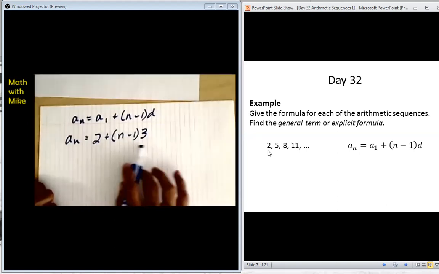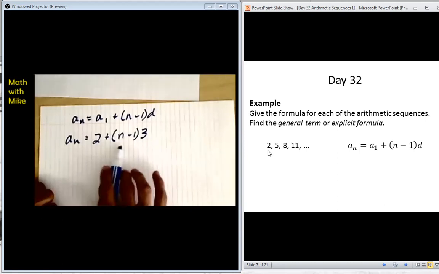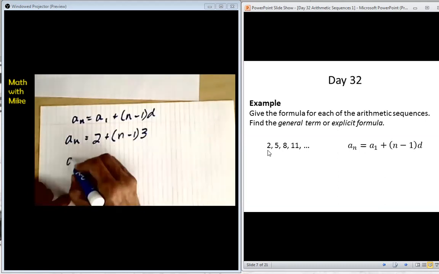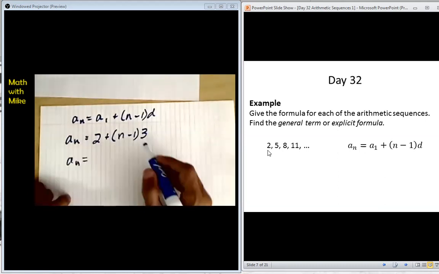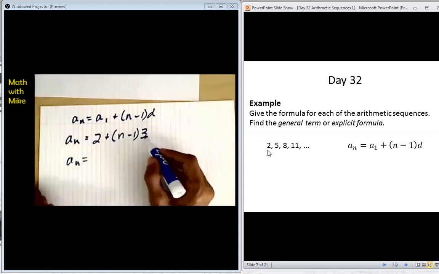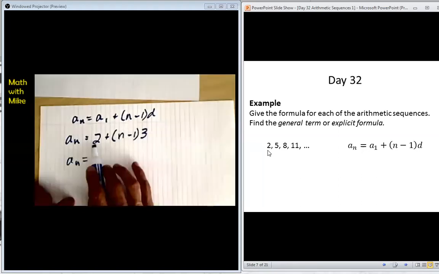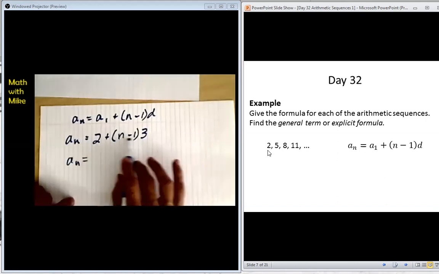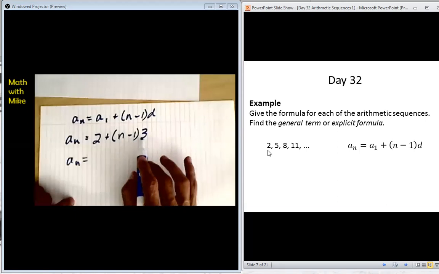So what can we do to simplify this part here? Yeah, multiply. Oh, it won't be actually. Because watch, this is going to be 2 plus, okay? So this 2 is going to be added on after. The bracket and the 3 are multiplied together.